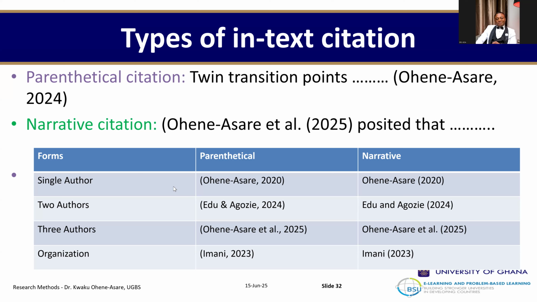Or you can say that the cat was killed by Kofi. You still do Kofi, and then you put 2025 into bracket. So the narrative can come at the beginning, it can come at the end. But when you're talking about the parenthetical, it has to come at the end. It has to be at the end. And Eve, I hope I've been able to address that question of yours.